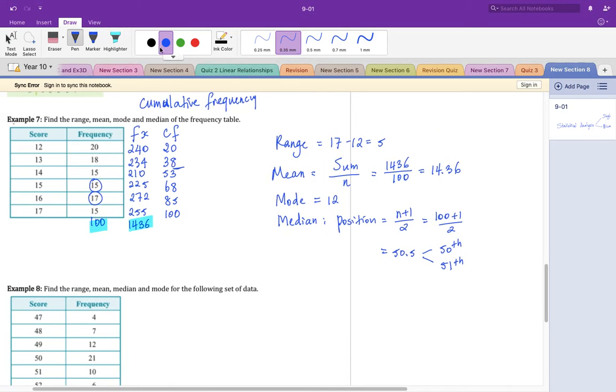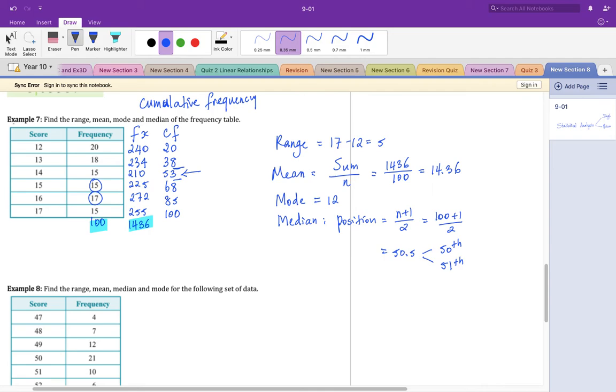Starting the 39th number, it's going to be 14, up until the 53rd number. They're all 14. And then starting the 54th number, it's going to be 15. So what are the 50th and the 51st numbers? We see that they're between 39 and 53, right? So it's going to be the 14th number.